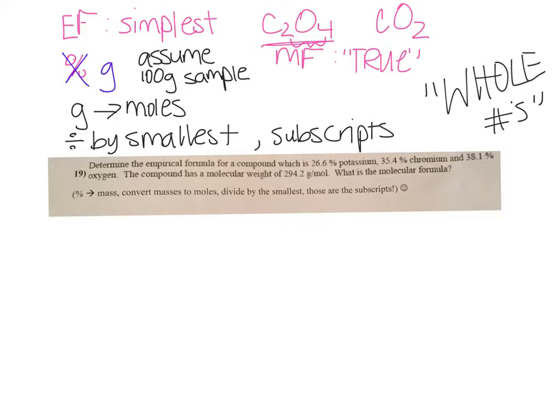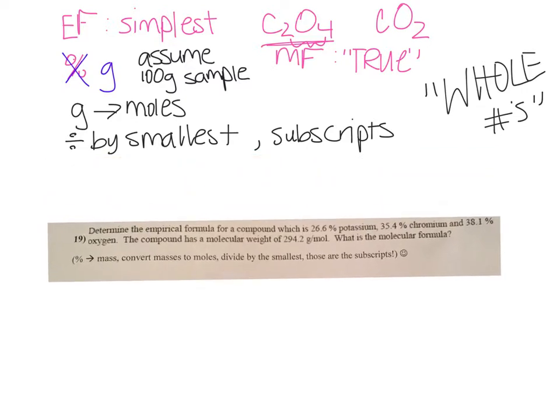When we get to your molecular formula, you're going to take masses, right? So you're going to put the big number on top. So you're going to say molecular formula mass, or your true formula mass. So in here you can see that it has a molecular weight of that. That's your molecular formula mass.